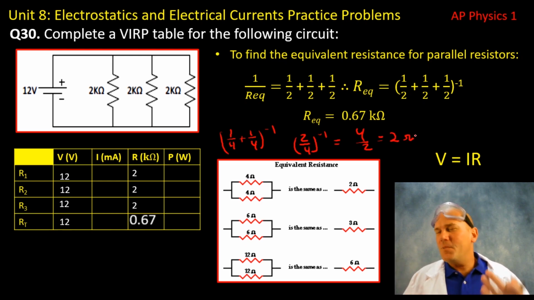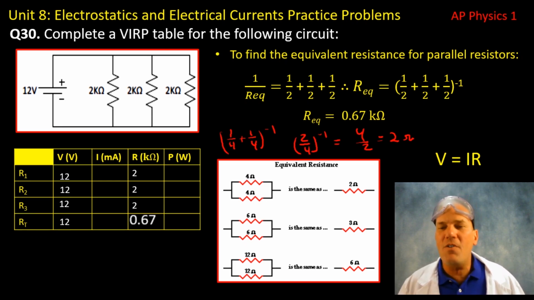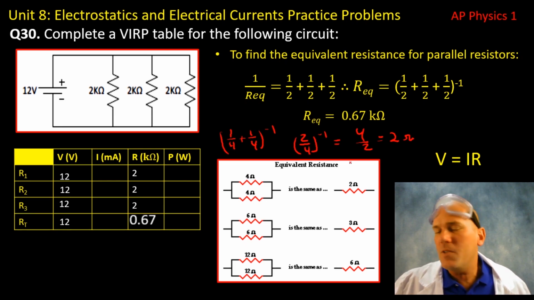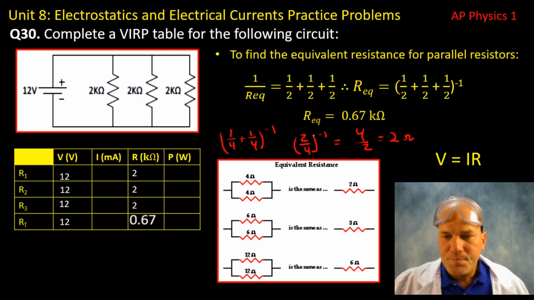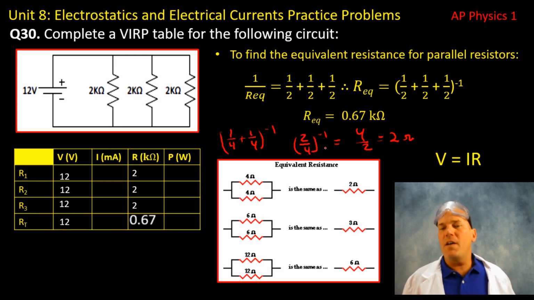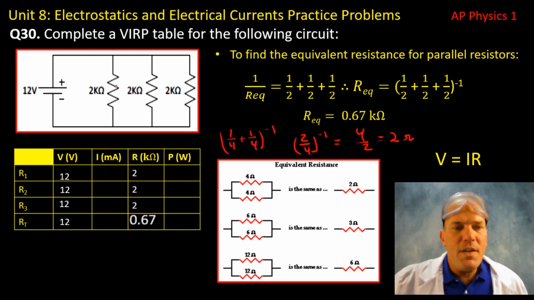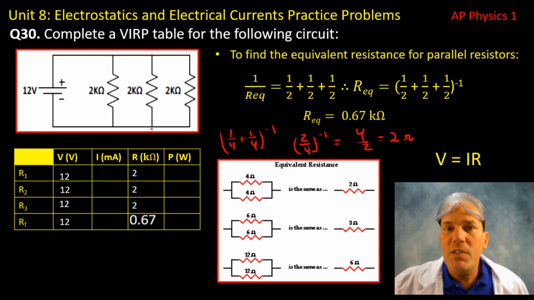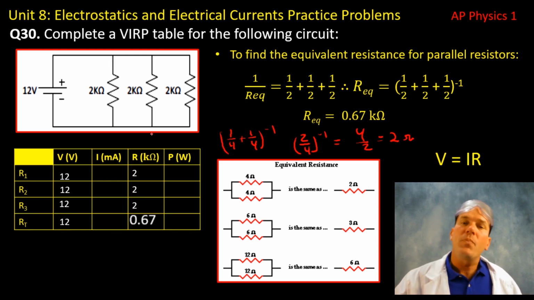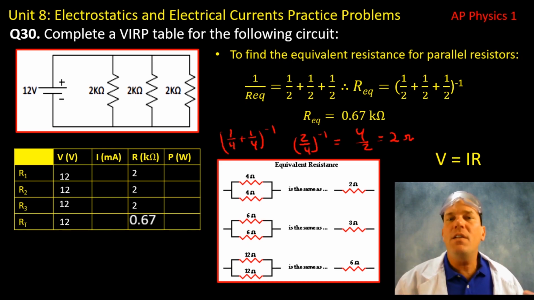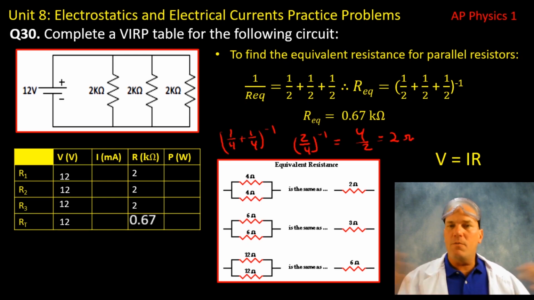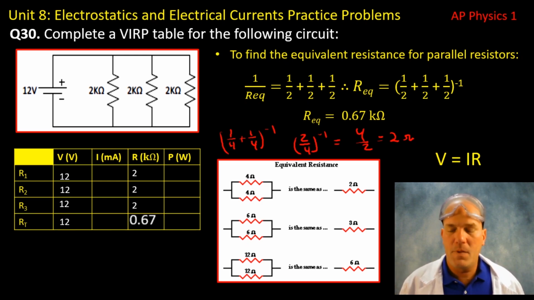Sometimes you don't even need your calculator. But notice that the final step there is to find the inverse of that number to get your overall equivalent resistance. Conceptually, I could remove these 3 resistors and replace them with one resistor of 0.67 kiloohms of equivalent resistance, and it would function identically.